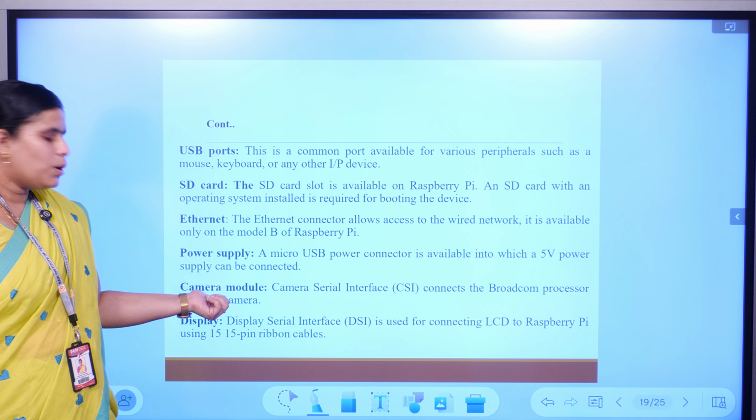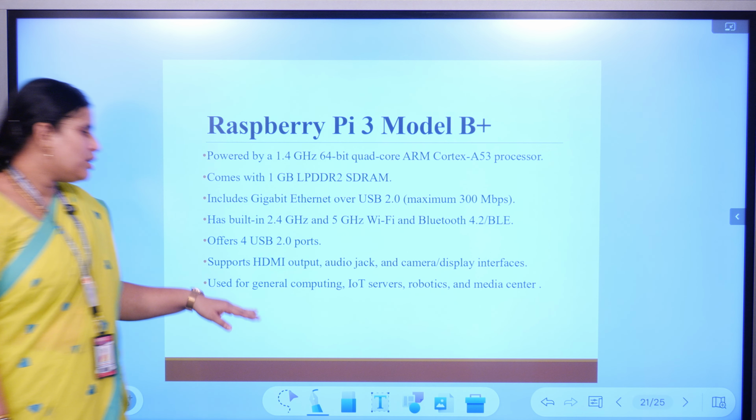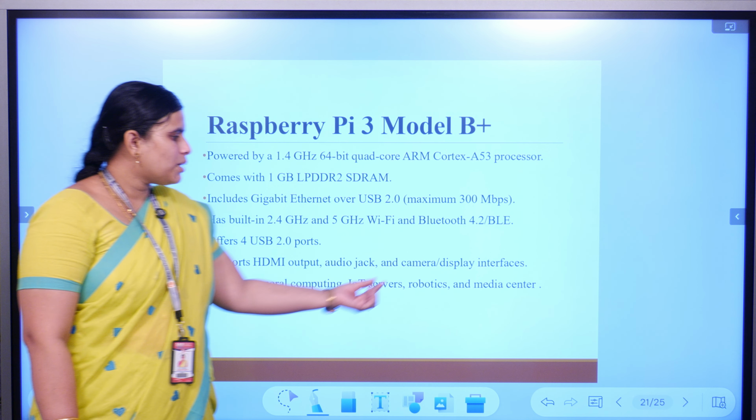This is the other type of Raspberry Pi kit. In this, the features differ: it has a 1.4 GHz 64-bit processor with 1 GB SDRAM, and it includes gigabit Ethernet over USB 2.0, and has built-in 2.4 GHz and 5 GHz Wi-Fi and Bluetooth. It offers 4 USB 2.0 ports and supports HDMI output, audio jack and camera display, and it is used for general computing, IoT server and robotics.